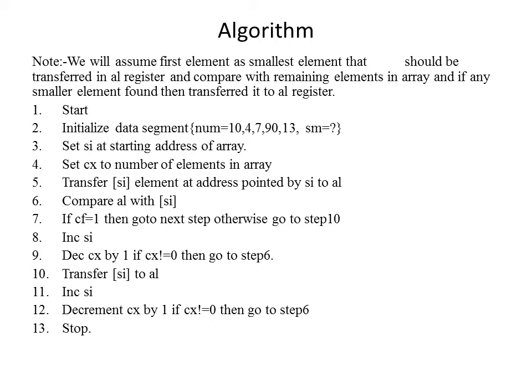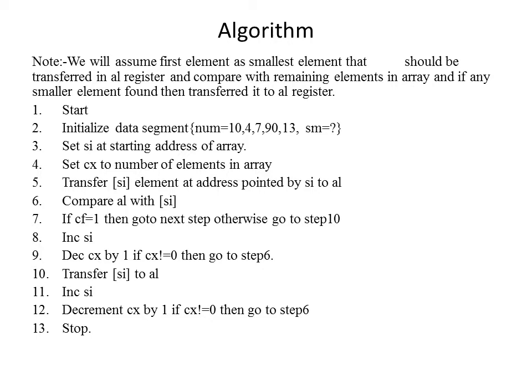If we are successful in finding any element which is smaller than the content stored in the AL register, then we have to transfer that element to the AL register.